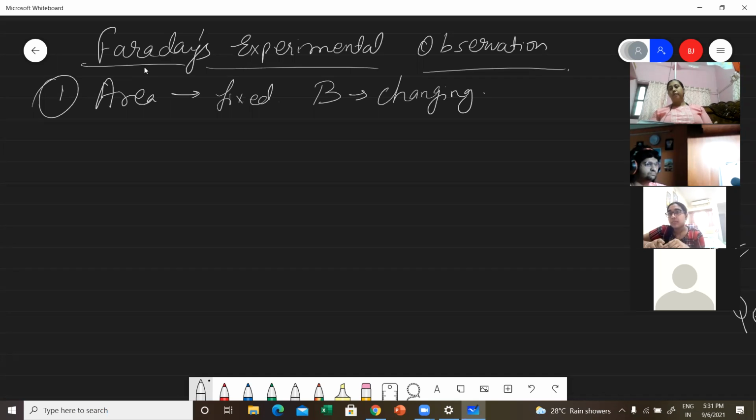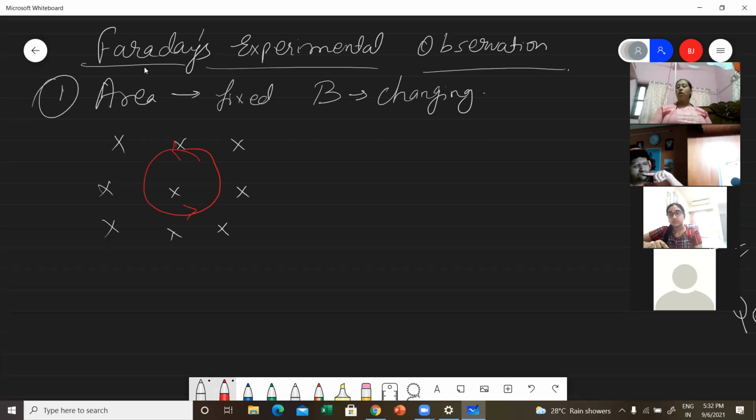Correct? If this is my magnetic field line, directed inward, and this is my coil, and suppose the current is flowing in this direction, then if the field lines increase, the current also increases. If the field lines decrease, the current also decreases, because we have fixed the area.